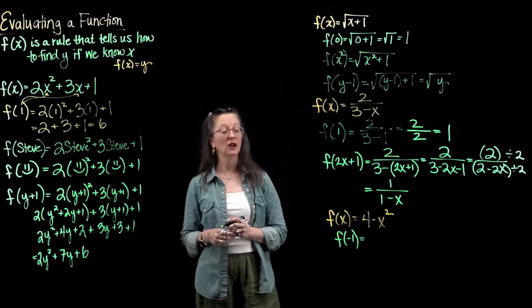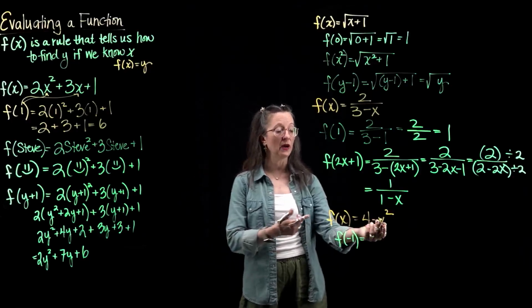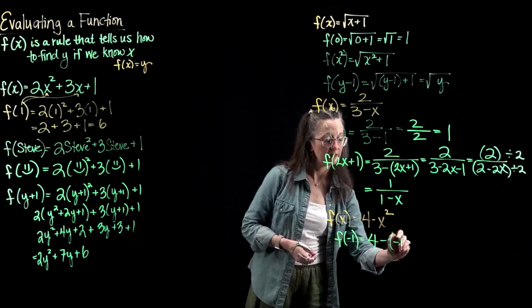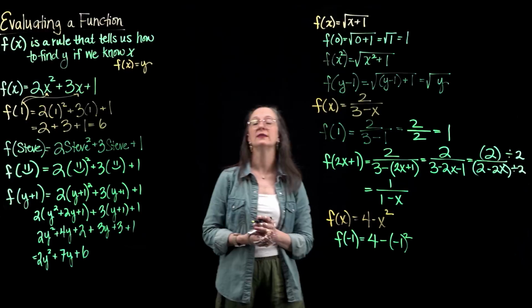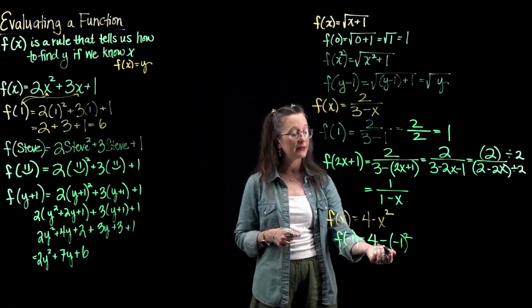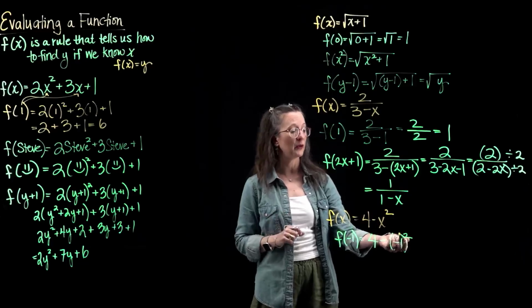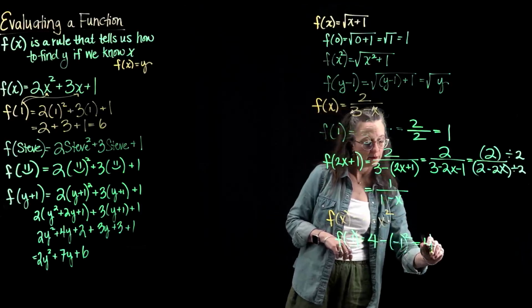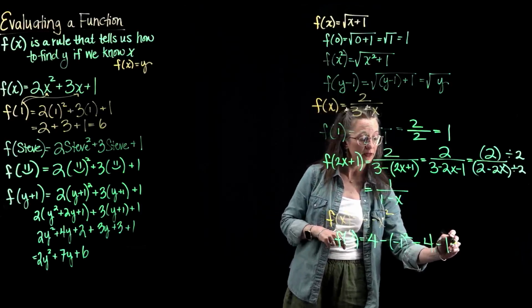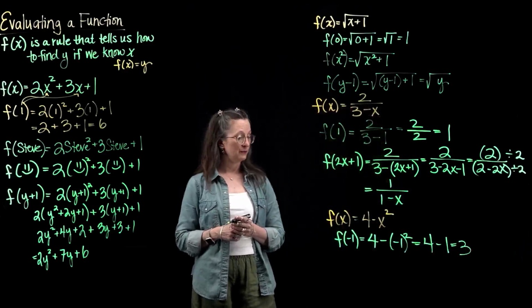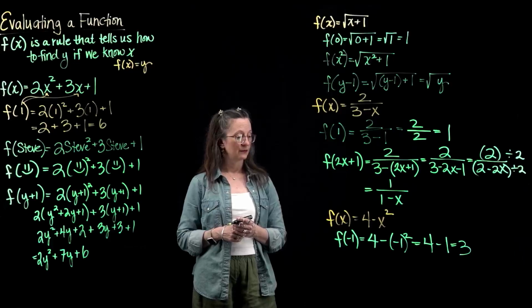This one we'd need to be careful because -1 is the thing being squared. So we would want to be very careful that it went in parentheses when we wrote it out. So 4 minus parentheses, -1, close parentheses, squared. All right, well, this would be 4 minus 1 because -1 squared is just 1, and that would be equal to 3.